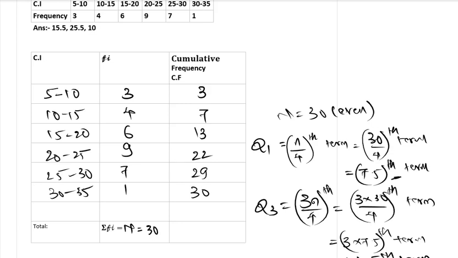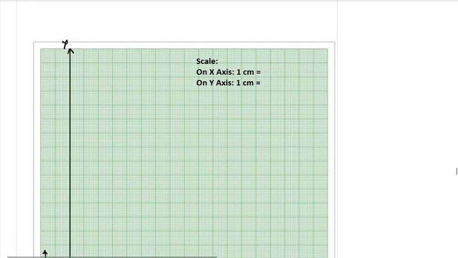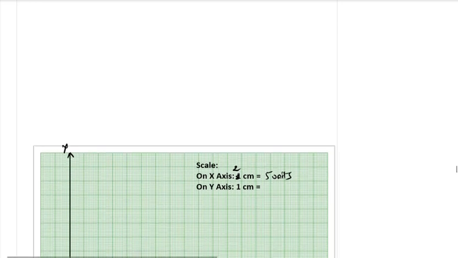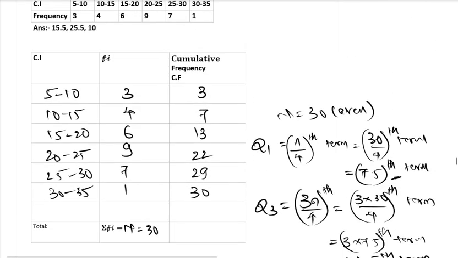For every 2 centimeters, I'm going to take 5 units on the x-axis. That's going to make it more interesting. And on the y-axis, for every 2 units, I'm going to take 5 again.